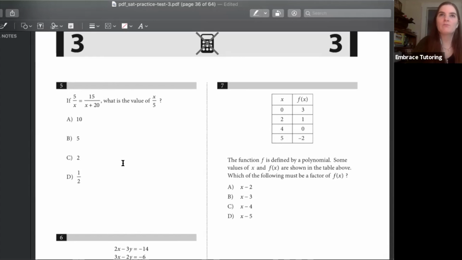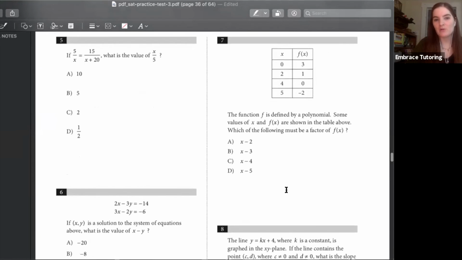Bigger, more severe types of errors happen when you don't understand a concept or you don't understand what a question is asking, and how to apply it. So you might make an error in understanding the question. That's why practicing each of these types of common skills, like dealing with functions or polynomials or algebraic expressions or equations, and how to work with them and what the rules are that apply to them, is important.